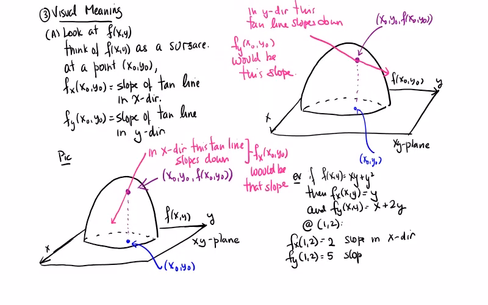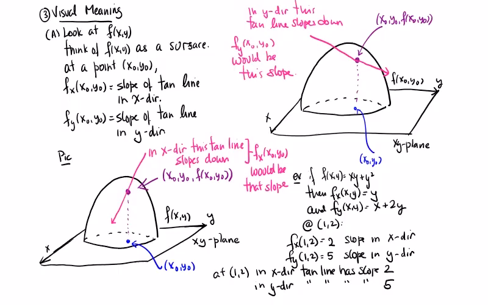This is the slope in the y direction. So at the point 1, 2, in the x direction, the tangent line has slope 2, and in the y direction, the tangent line has slope 5. It's steeper in the y direction.